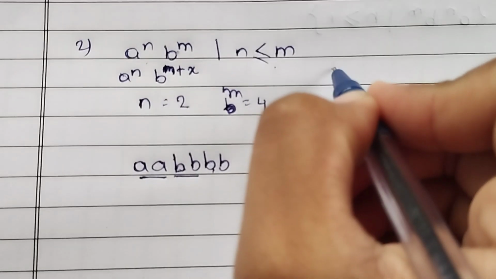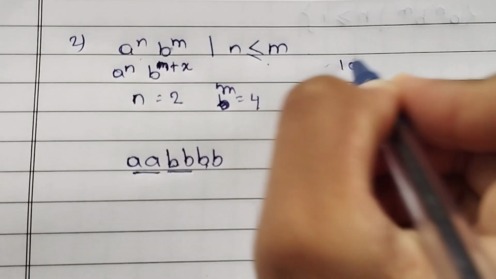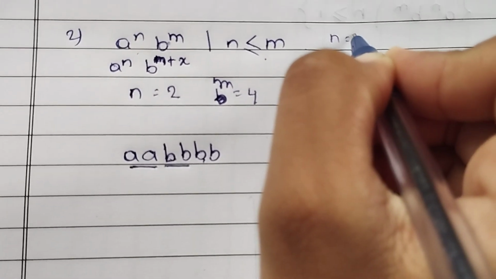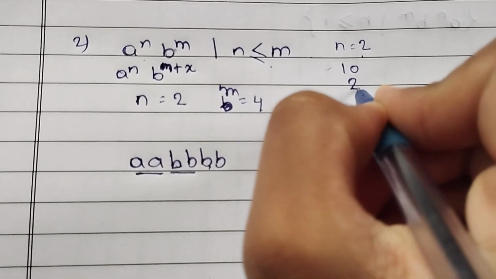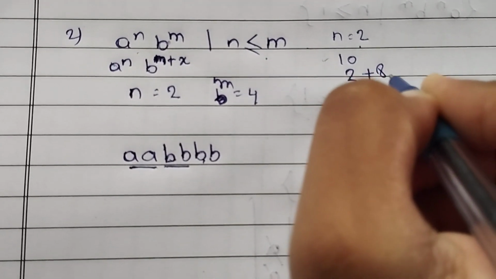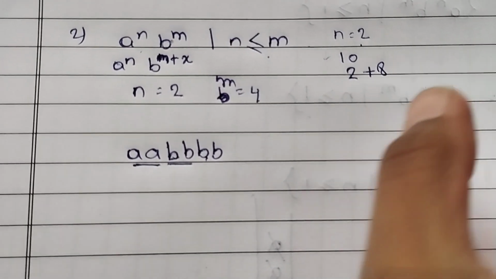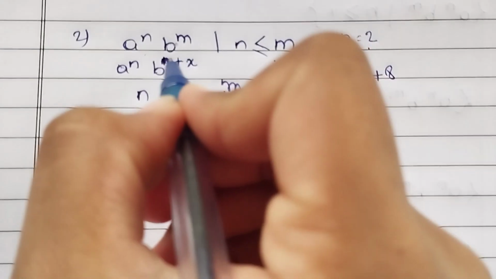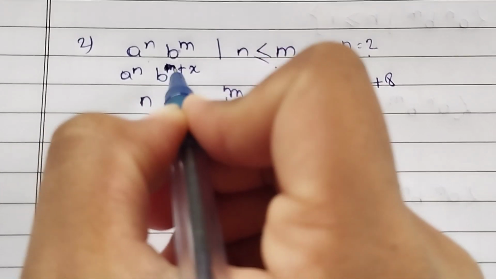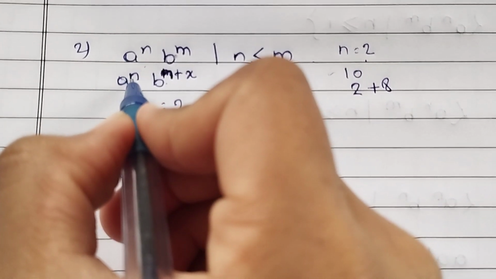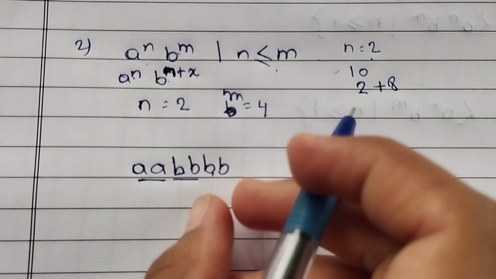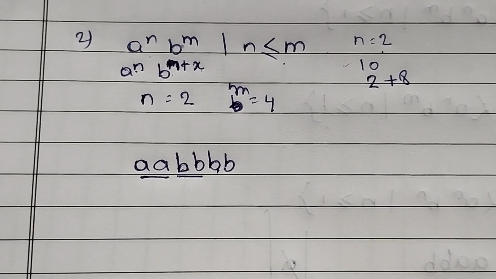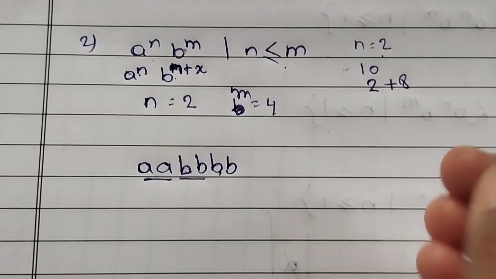So here let m be equal to 10 and n be equal to 2. So first the 2 are present and then the remaining 8 are the others. The same logic we apply. First for b raised to n we pop a raised to n, and the remaining x that is present, we translate into the null. In this way we perform it here.